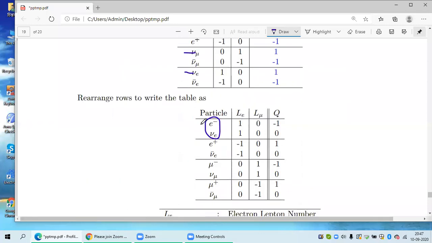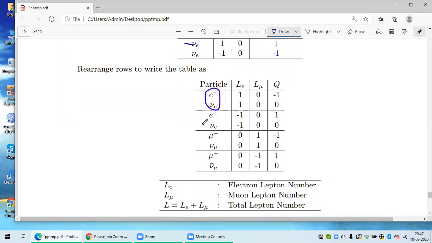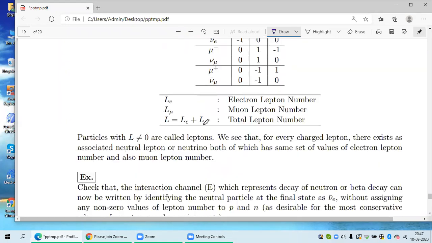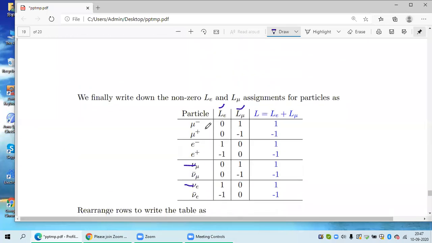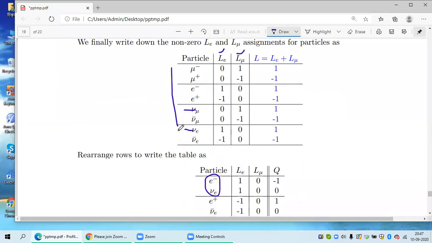Clear? I hope if you go through this once more, you will understand this. Now you have this table. Is it more or less clear? Yes, sir.